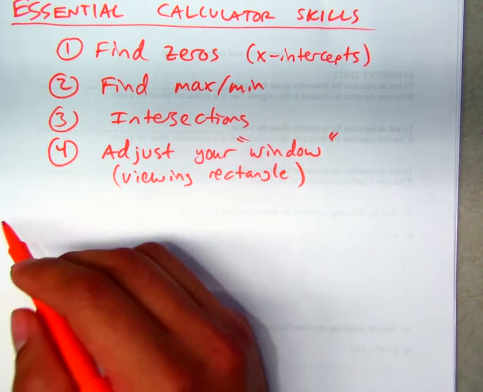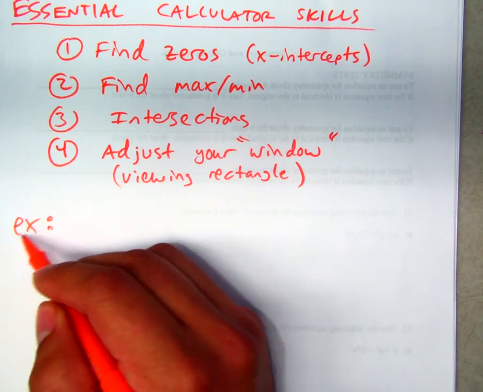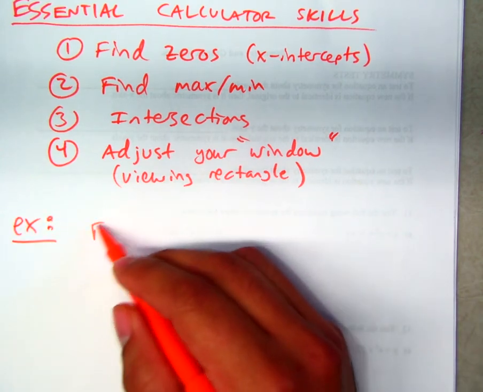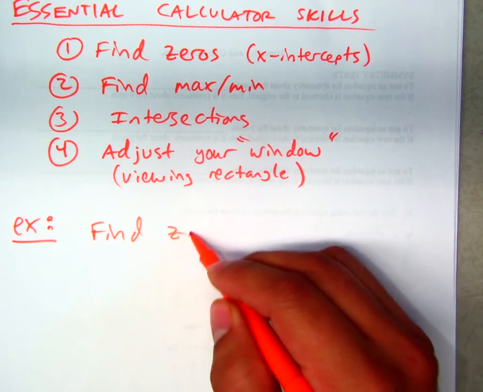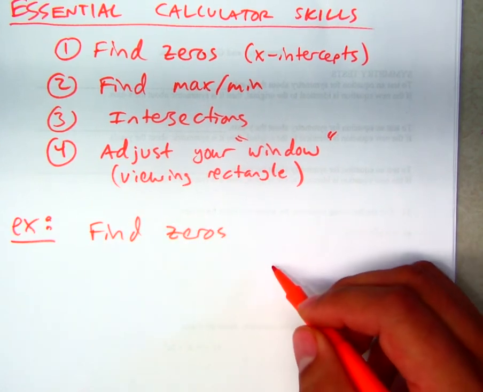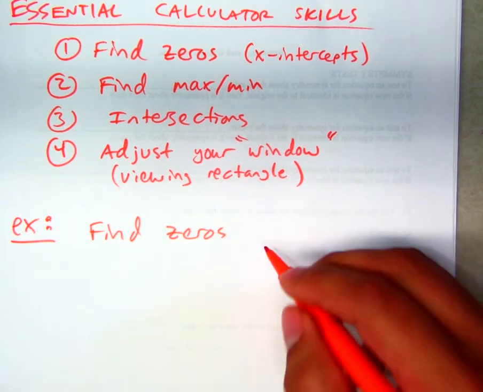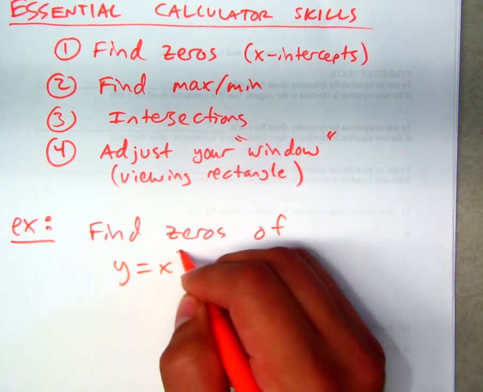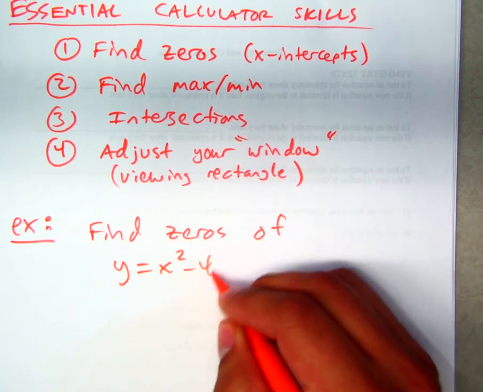Let's just start with an example. Let's say we wanted to find the zeros of the equation y equals x squared minus 4x plus 2.